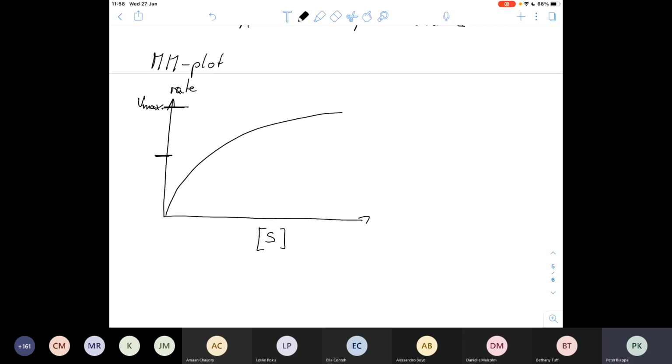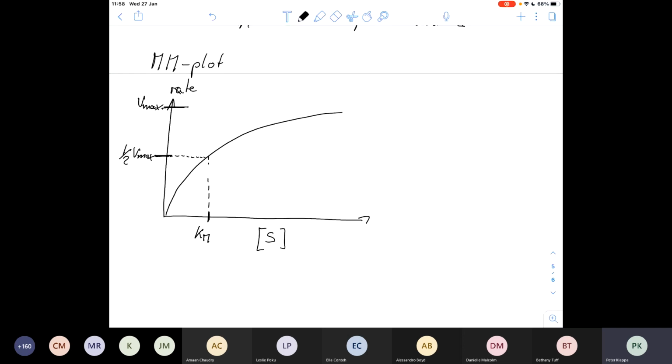It's about here. So that's half of Vmax. And what I need to do is find the substrate concentration that produces this half of Vmax. So that would be our Km here. And that is how you, in theory at least, can find Km.